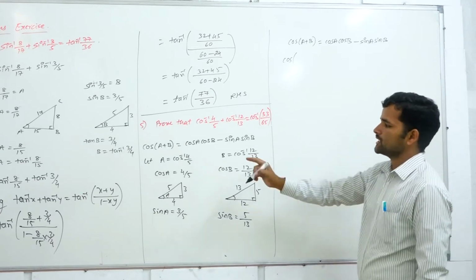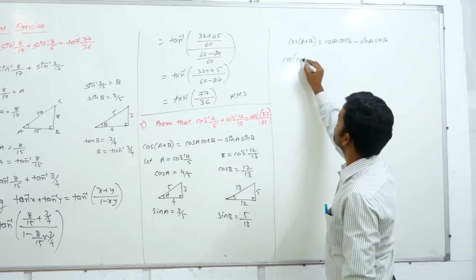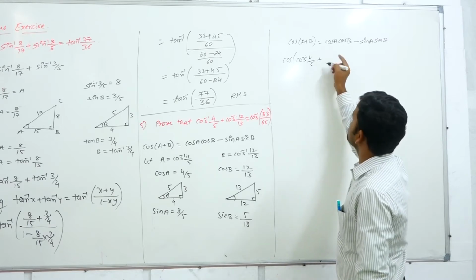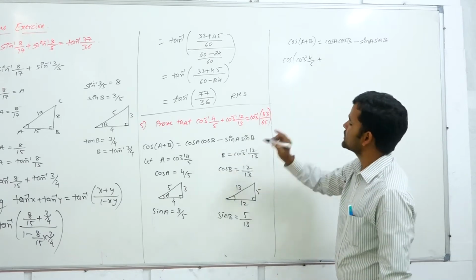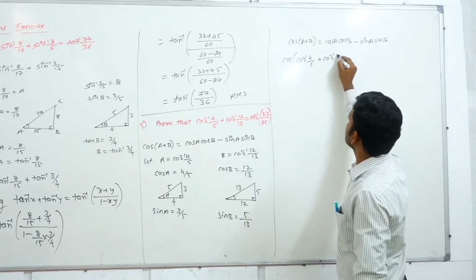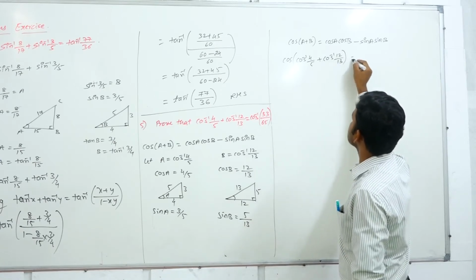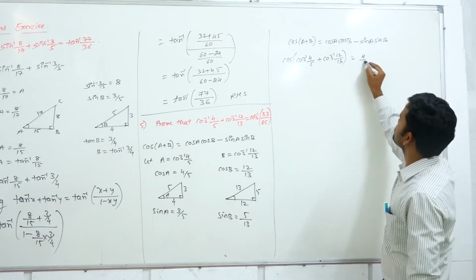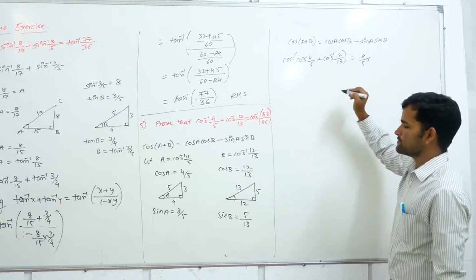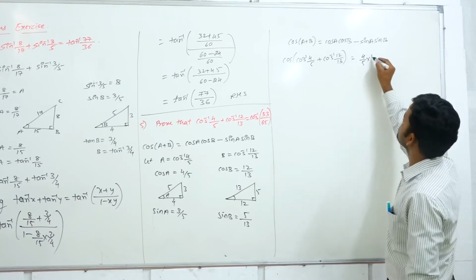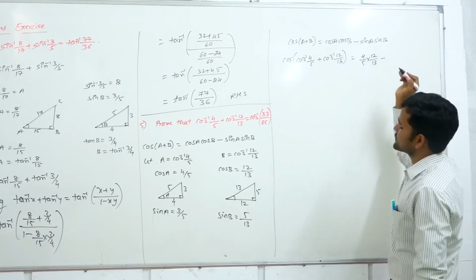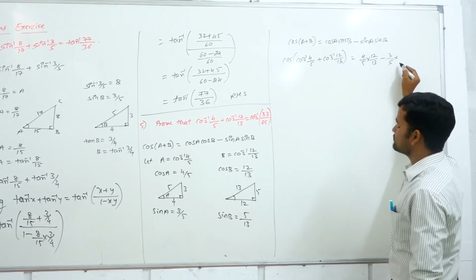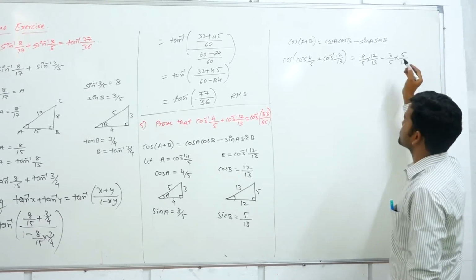A means we have taken cos inverse of 4 by 5 plus b means we have taken cos inverse of 12 by 13, which is equal to cos a value 4 by 5 into cos b value 12 by 13 minus sin a value 3 by 5 into sin b value 5 by 13.